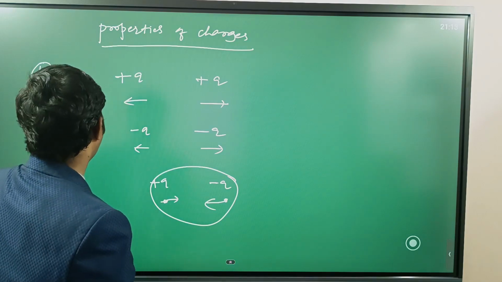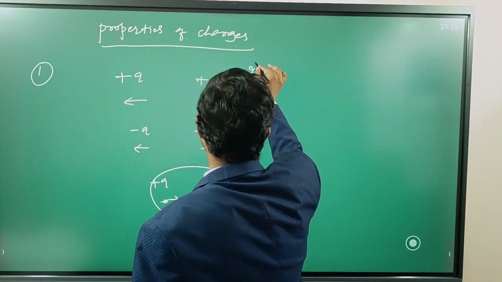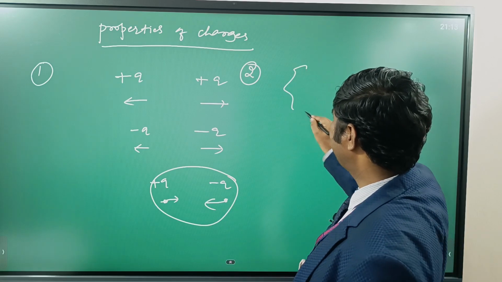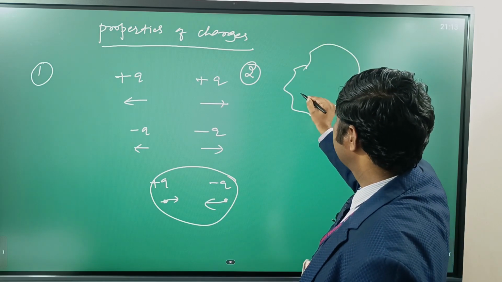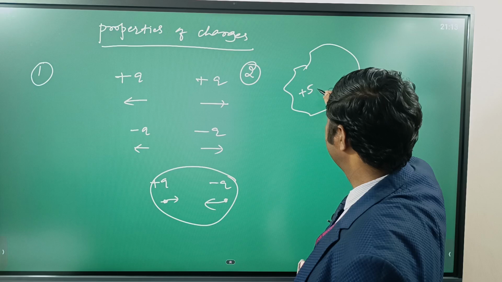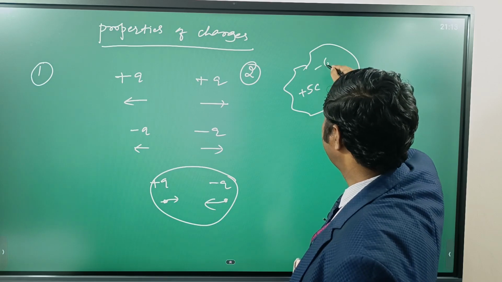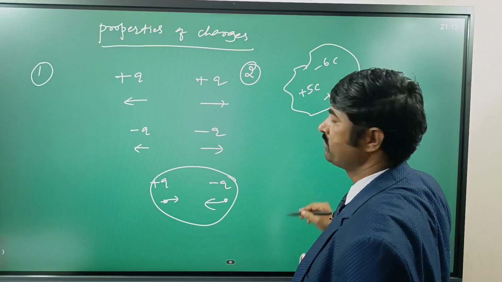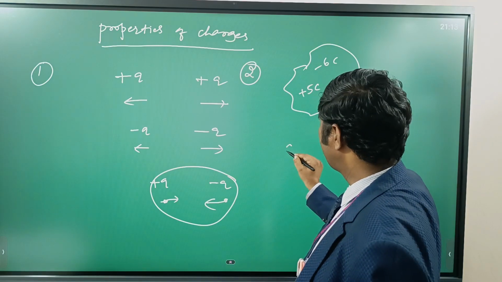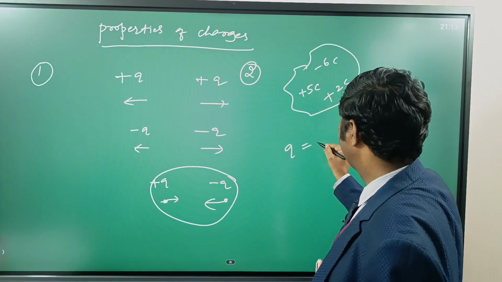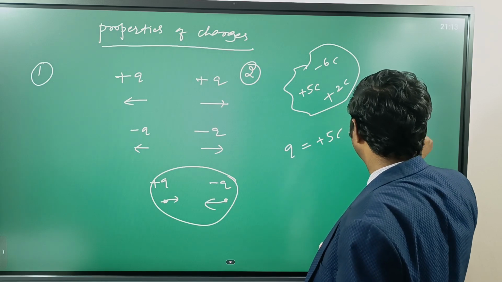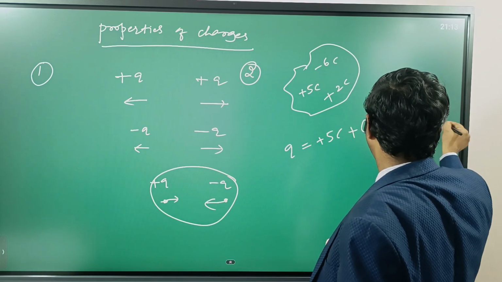Next, one more property: charges are additive in nature. Charges can be added. For example, take one system having plus 5 coulomb charge, minus 6 coulomb charge, and plus 2 coulomb charge. What is the total charge on it? We add plus 5 coulomb, minus 6 coulomb, then plus 2 coulomb.